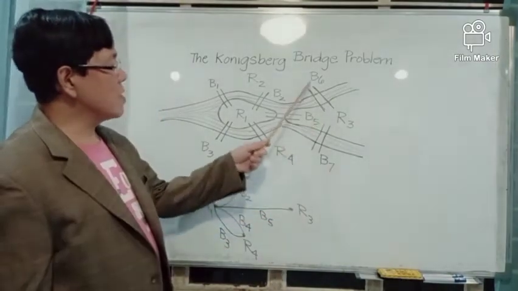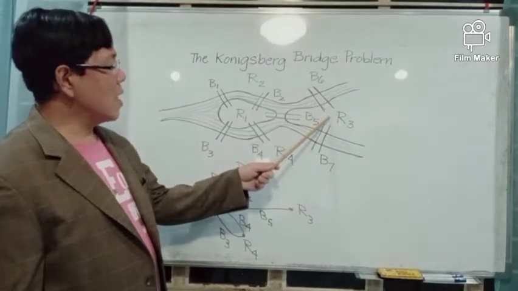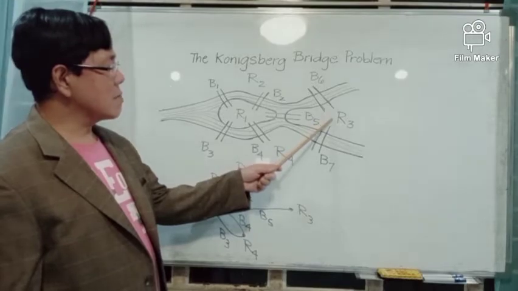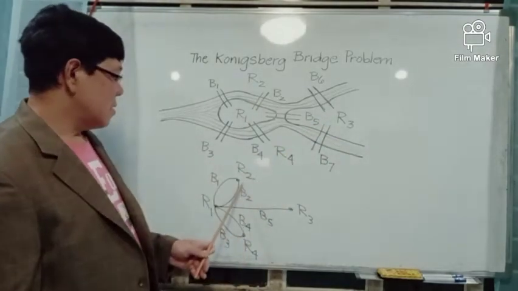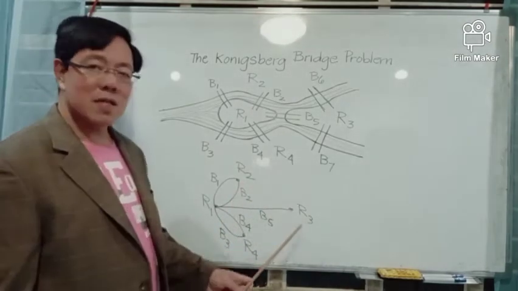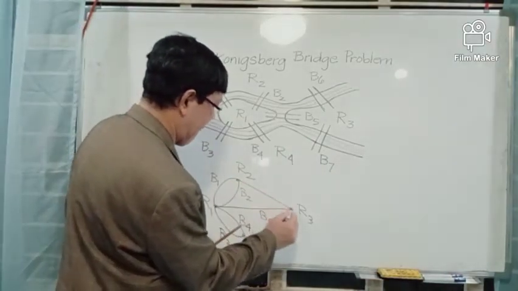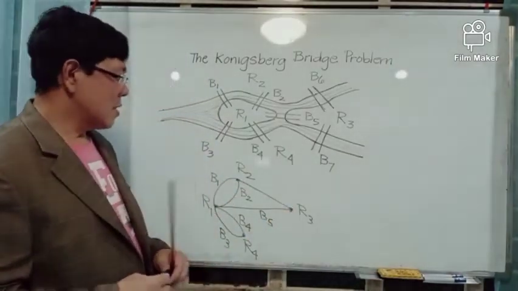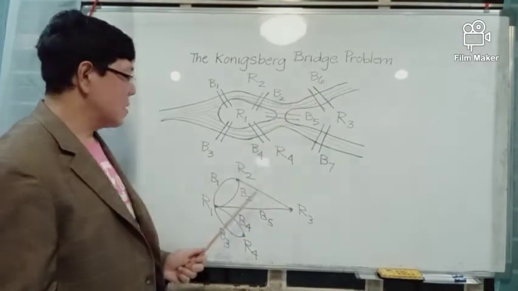And for the sixth bridge, we draw a line that connects vertex R2 and R3. This is vertex R2 and R3, and we connect them with a line. This line represents the bridge denoted by B6.